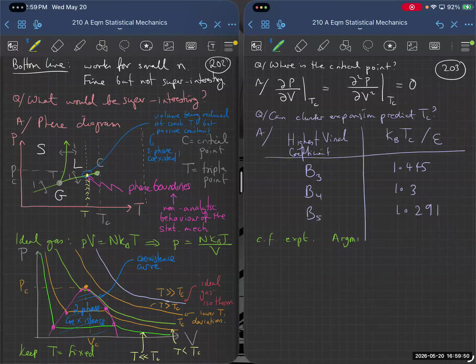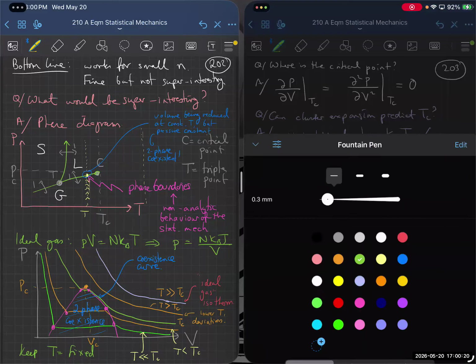The gas argon is well described by the Lennard-Jones 6-12 potential, and for that we know the value of epsilon, we know the value of r naught, and so we can compute that kBTC over epsilon should be 1.26. So it's not quantitatively very accurate, but it roughly gives you the trend.